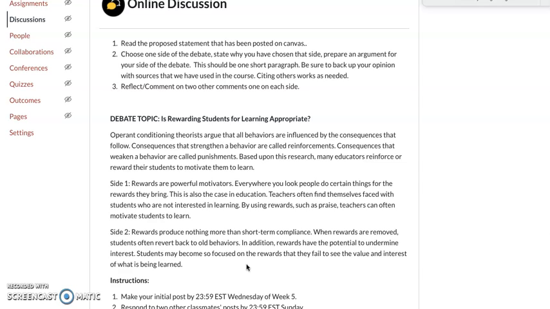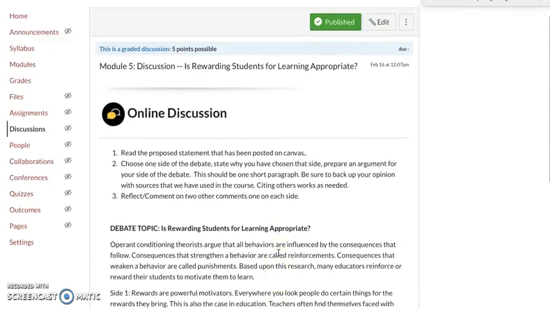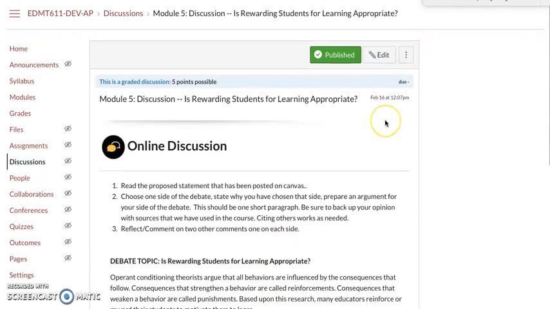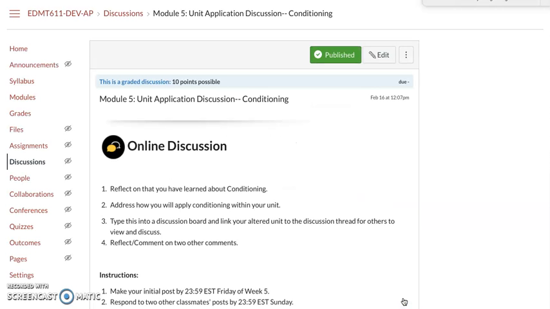Those sides are really just to help you jump off from one point or the other. Make your first reflection by Wednesday night of this week, and then comment on two others by Sunday night. You can see our rubric. If you tap on this little button up here, it'll give you the rubric, and that is our discussion.